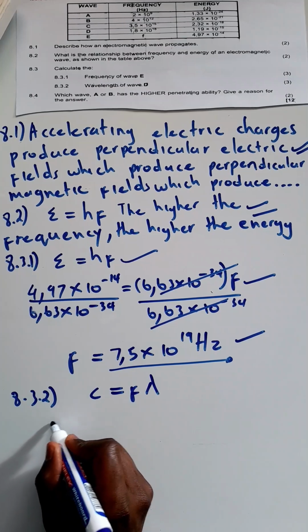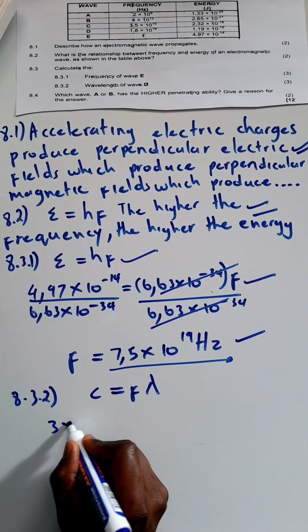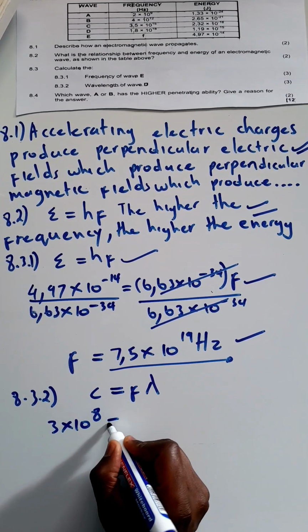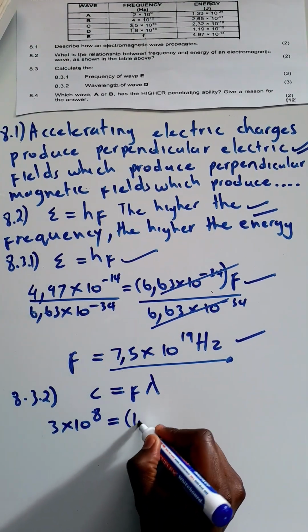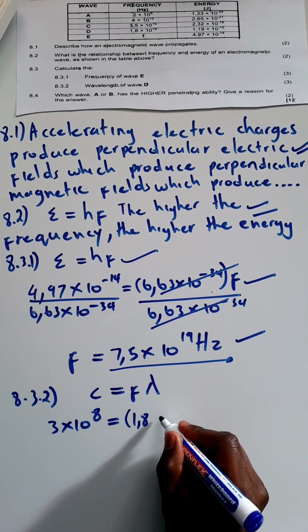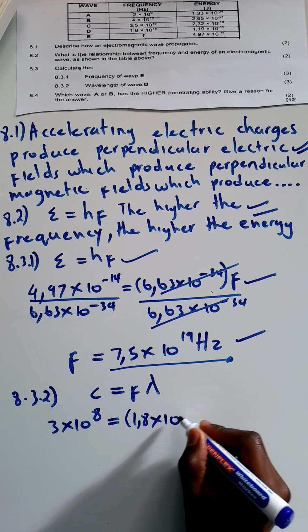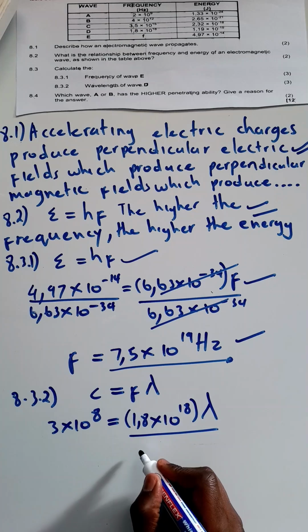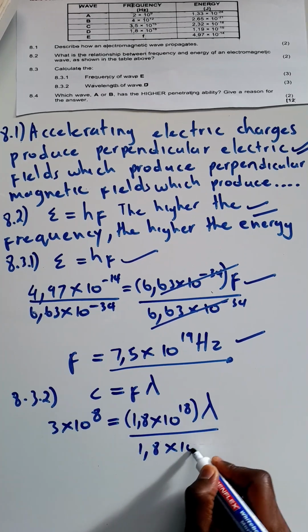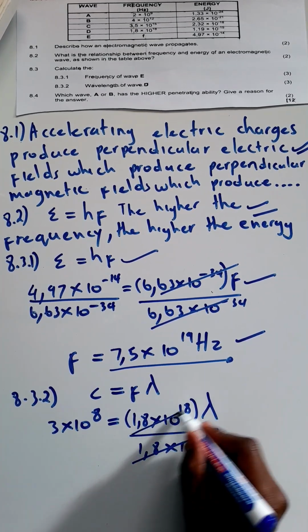The speed of light in a vacuum is a constant, 3 multiplied by 10 to the power of 8, equal to the frequency for D, 1,8 multiplied by 10 to the power of 18. We want to calculate the wavelength, so we divide by 1,8 times 10 to the power of 18 so that we are left with wavelength.